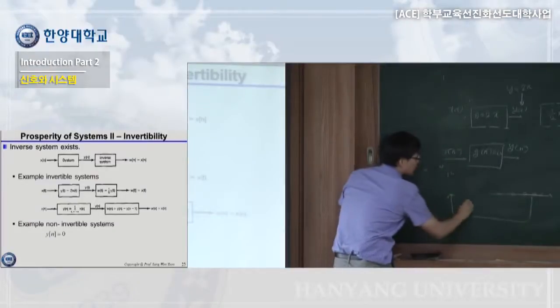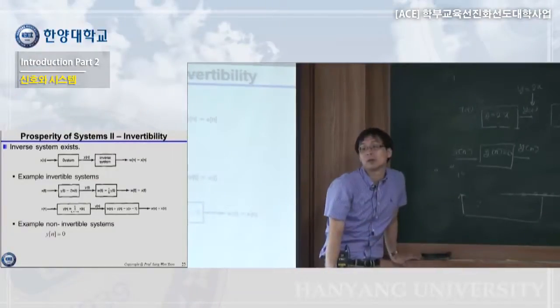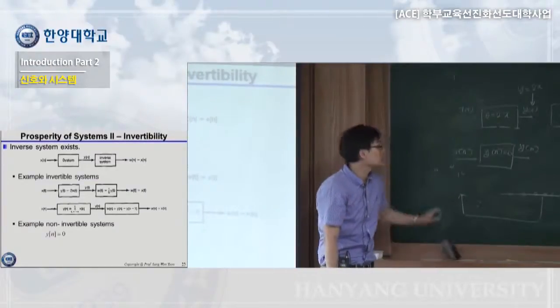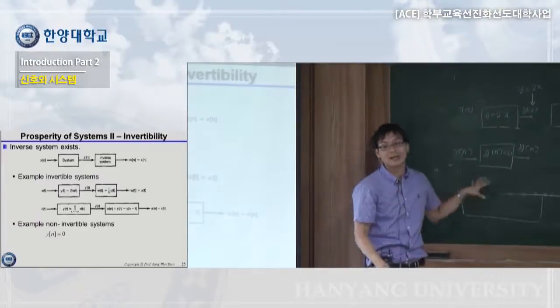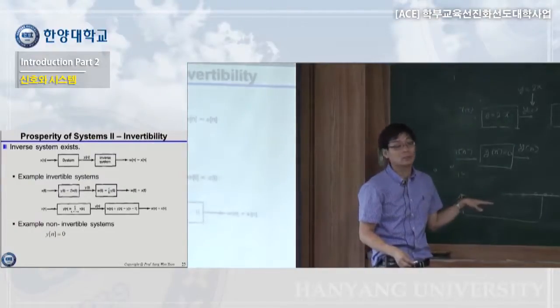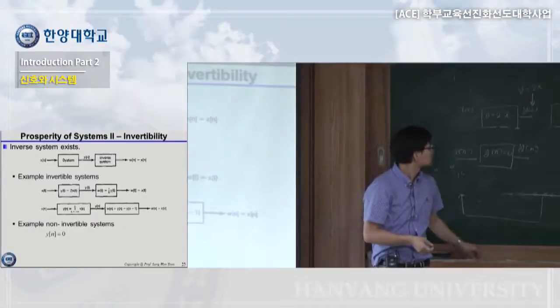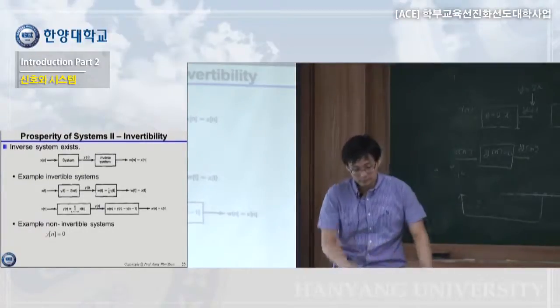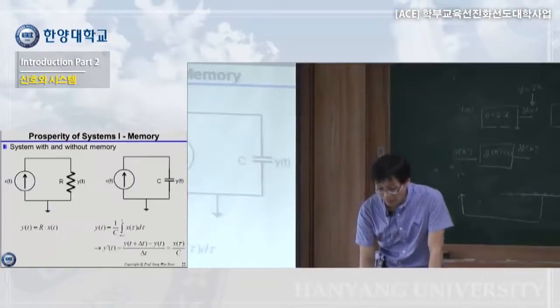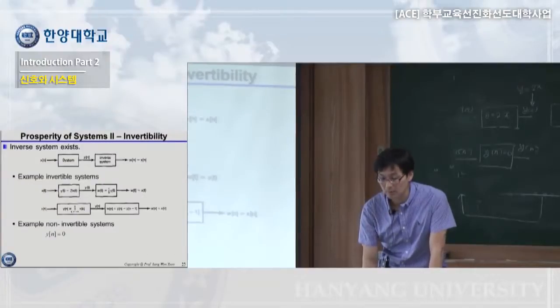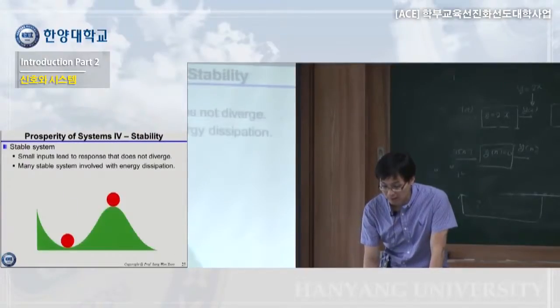Can we go back? No, impossible, right? In case of such a function, they are not an invertible system. Okay? So we defined memory system, invertible system, and causality.